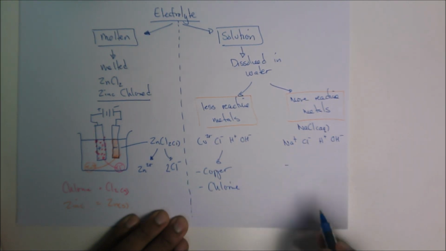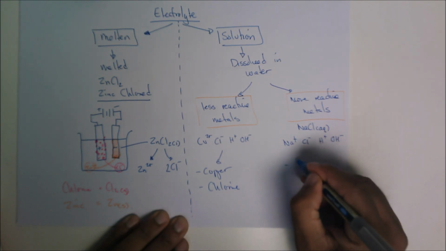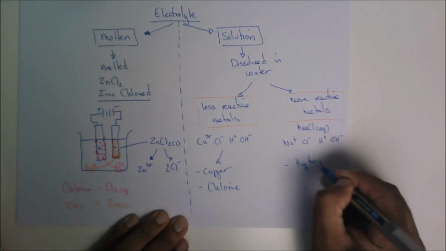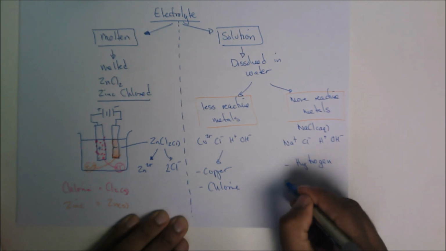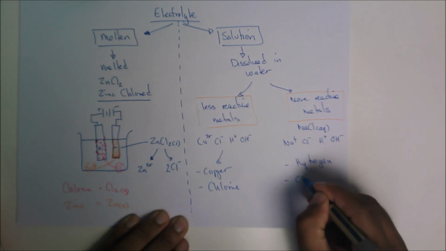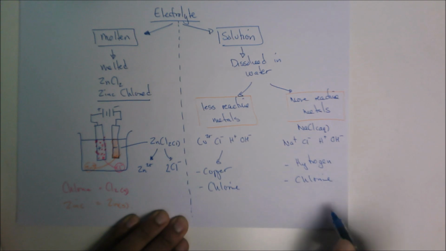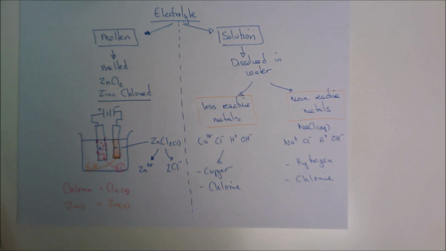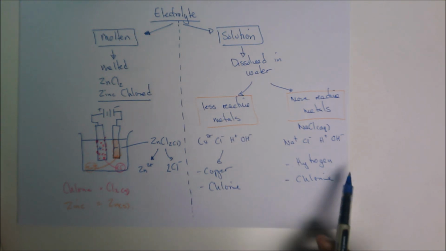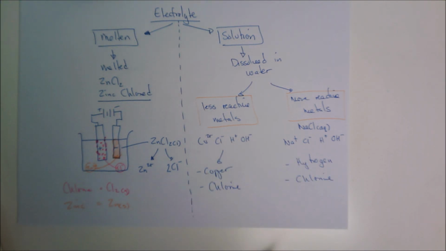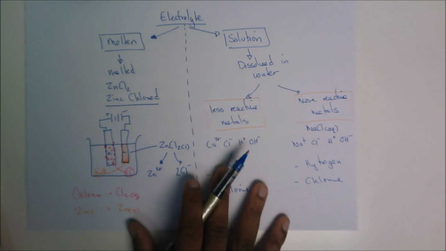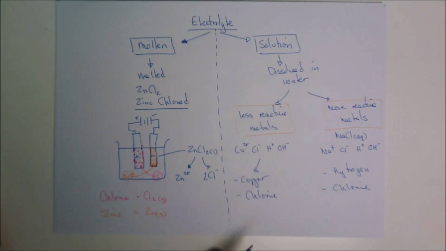And with the more reactive metal, you'll end up making hydrogen instead of sodium, because sodium is more reactive, and you'll end up making chlorine, because chlorine is less reactive than the hydroxide ion. So this is when it starts to get a bit more complex. We'll talk about that a bit later.